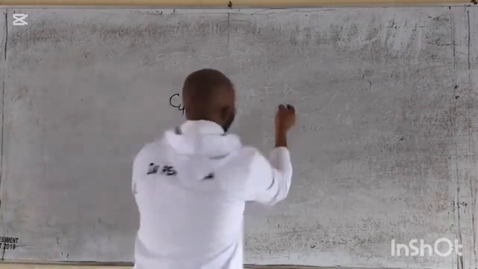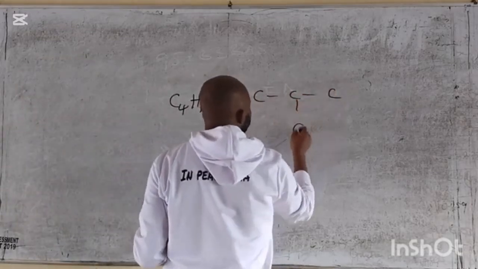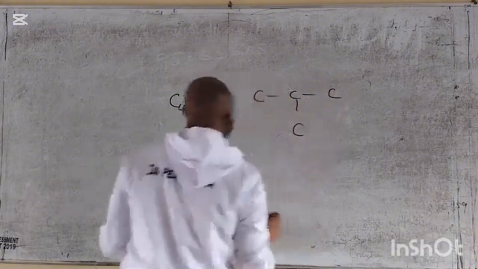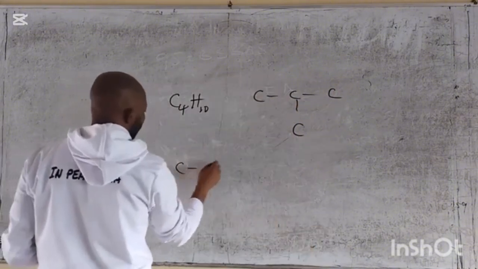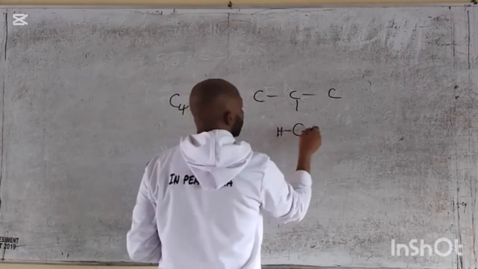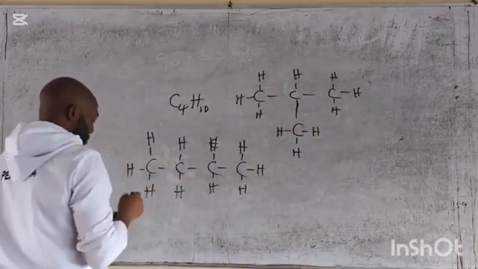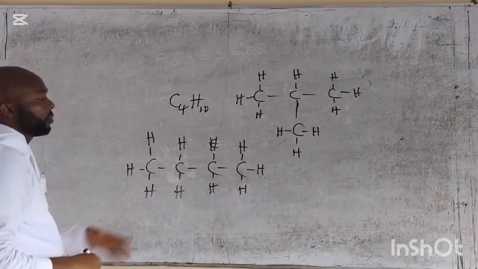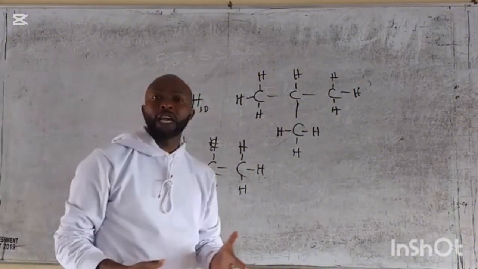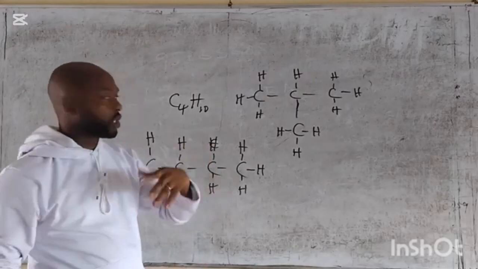Let's take the first one. 1, 2, 3. Then I have 1 here. I also have 1, 2, 3, and 4. So here, if I put my hydrogen, good. Now, remember I told us earlier on that carbon is tetravalent, which means it has 4 bonds surrounding it.